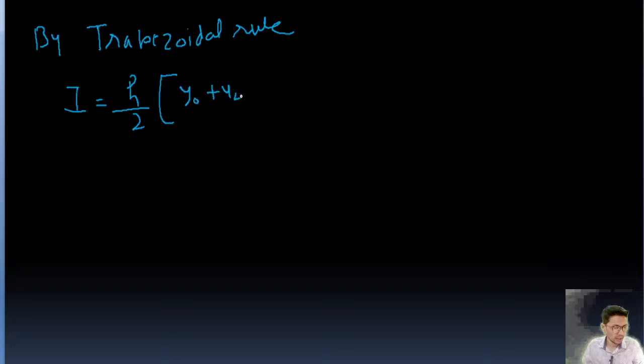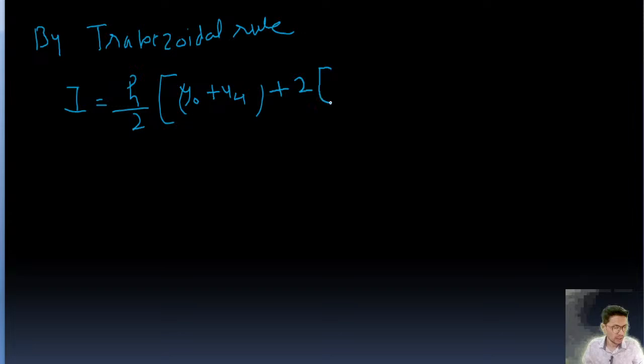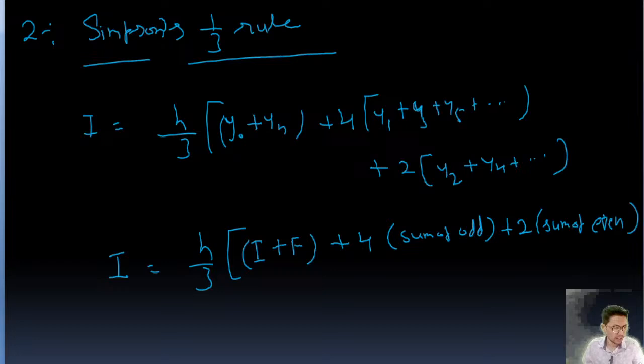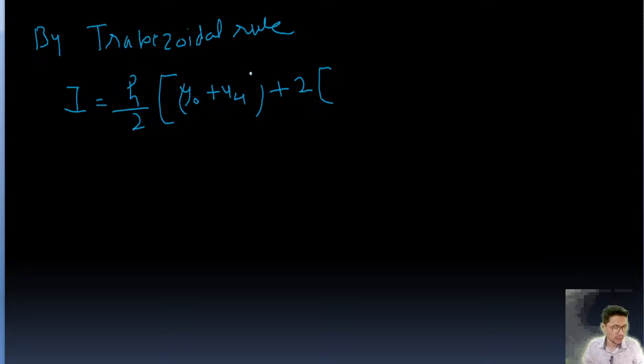In this case there are 4 intervals. So y naught plus y4, plus 2 into the remaining terms, for the trapezoidal rule. The remaining terms are y1 plus y2 plus y3, right?